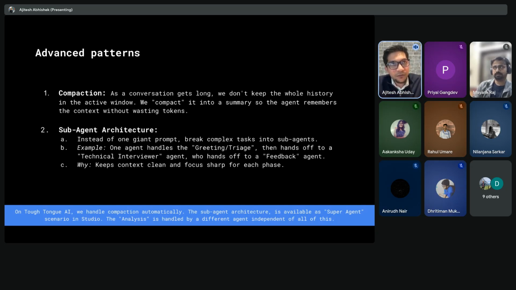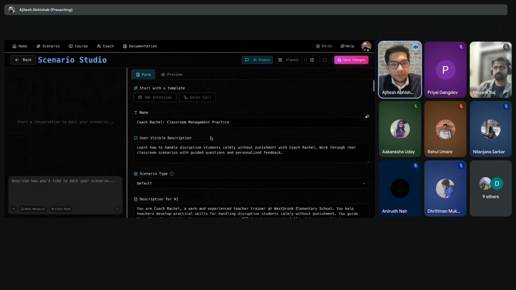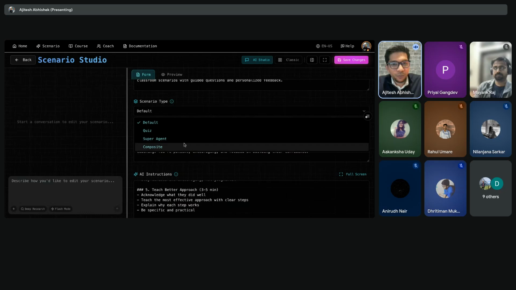And the second aspect for large context or longer conversations is sub-agent architecture. When I showed you that there is an opening, middle, and closing sort of conversation, there could be 3 different agents, and each agent only does its own part, and that way it's very token efficient. In our case, this sub-agent architecture happens if you select a super agent.